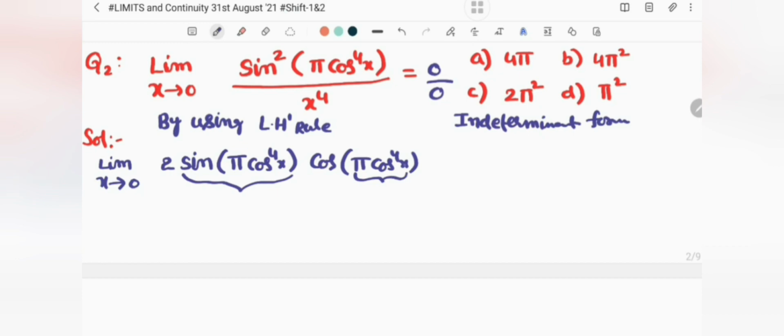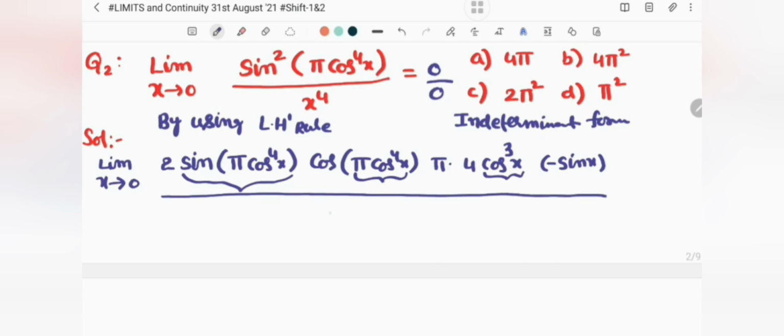Again this function you have to differentiate. Pi into, cos of pi derivative is pi into cos power 4x derivative, 4 into cos cube x. Again cos x derivative is minus sin x. I hope everyone understands. Divided by x power 4, derivative is 4x cube. So here 4 gets cancelled.